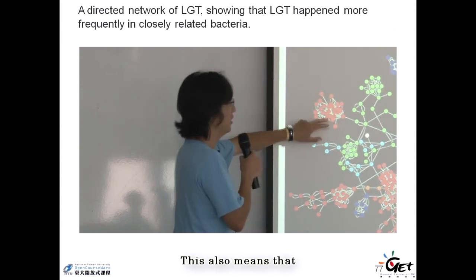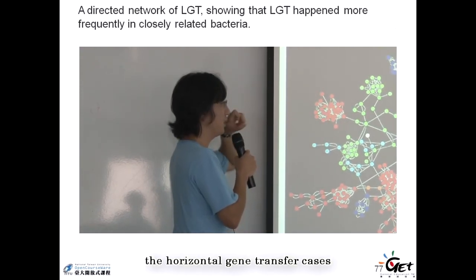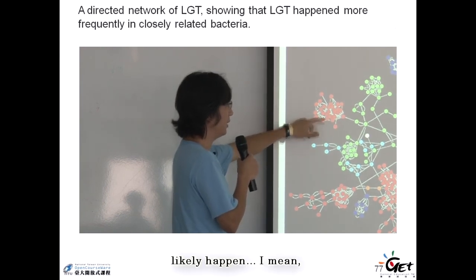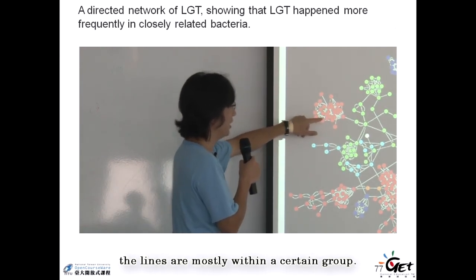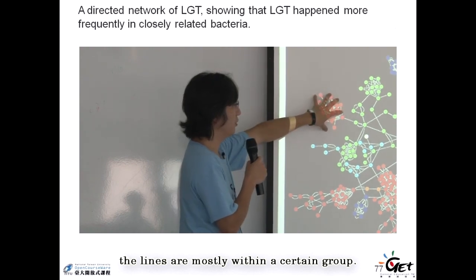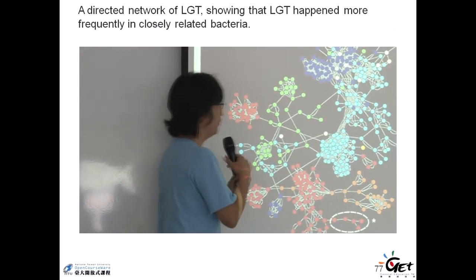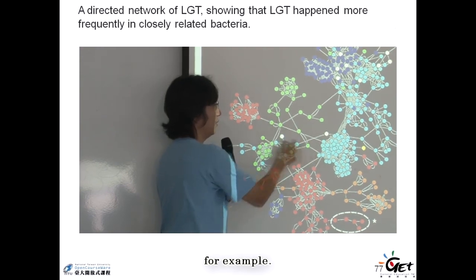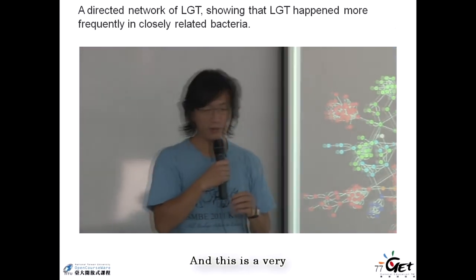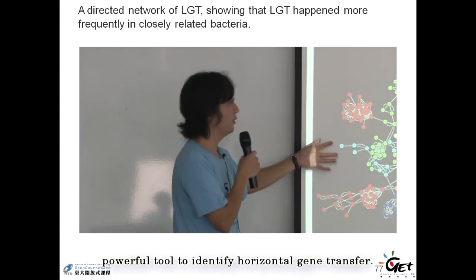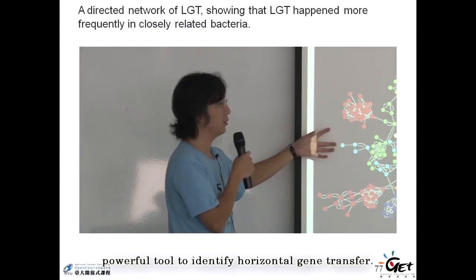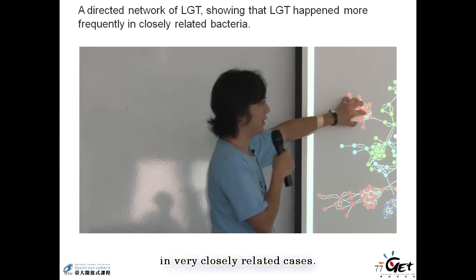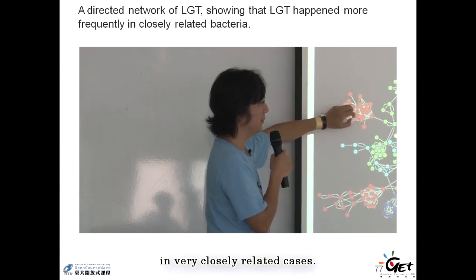This also means that horizontal gene transfer cases likely happen mostly within a certain group. I mean, the lines are mostly within a certain group, but very few connect the different colors, for example. And this is a very powerful tool to identify horizontal gene transfer in very closely related cases.